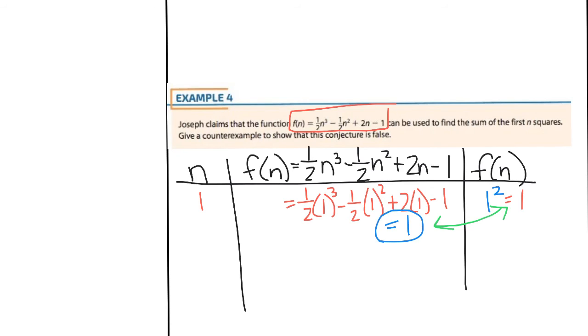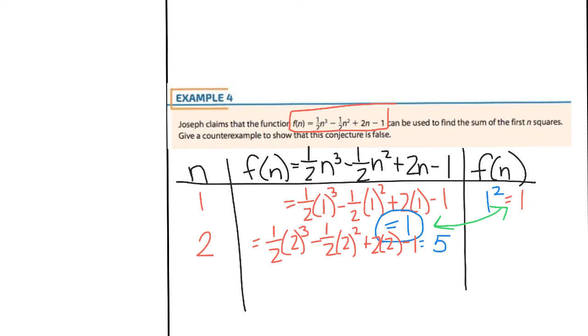So the next n we would choose would be 2, right? So this would be equal to 1/2 of 2 cubed minus 1/2 of 2 squared plus 2 times 2 minus 1. If we did all this math for Joseph, this would be equal to 5. Hopefully you know how to use your calculator and plug it in there. That would be equal to 5.